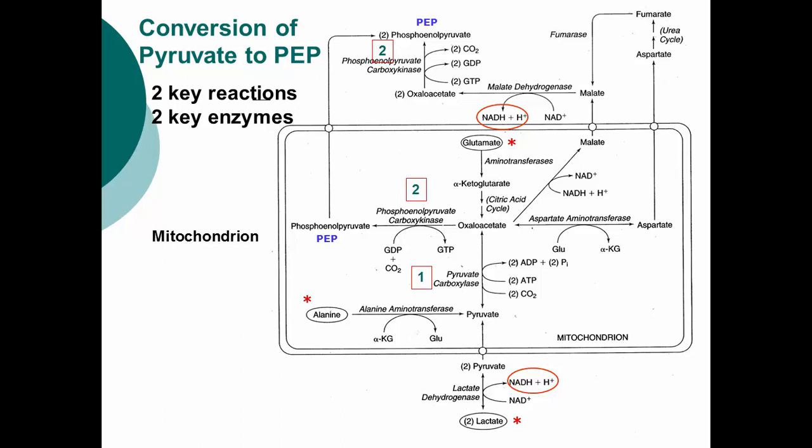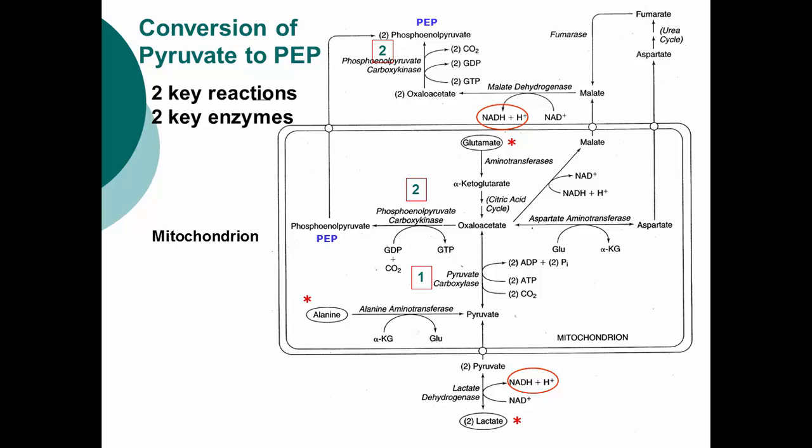So pyruvate is first of all converted to oxaloacetate by pyruvate carboxylase. This is the key enzyme, the key reaction. And oxaloacetate is then converted to phosphoenolpyruvate by phosphoenolpyruvate carboxykinase. This is the second key enzyme. So there are actually two key reaction enzymes in the mitochondria that are involved in gluconeogenesis from either lactate or pyruvate, right?